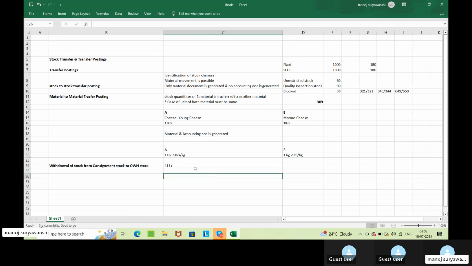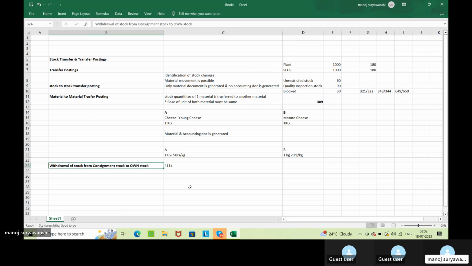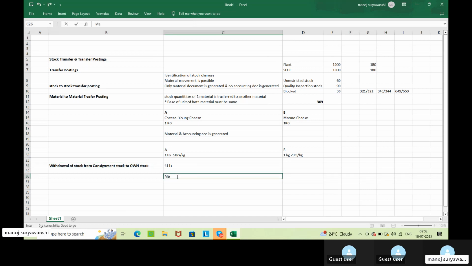Okay. Again, here what happens is when we do this goods movement, the ownership of the stock quantities is transferred from vendor to our company. So along with the material document, accounting document is also generated.